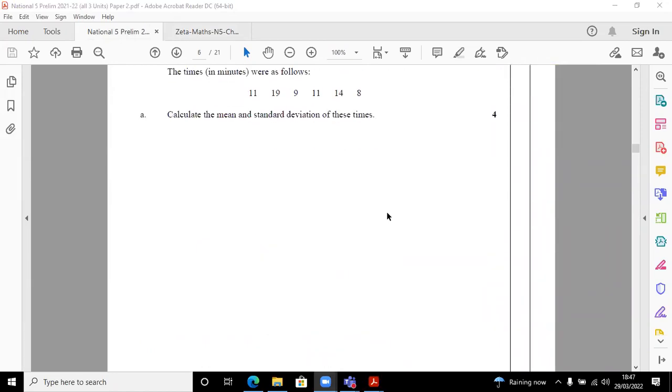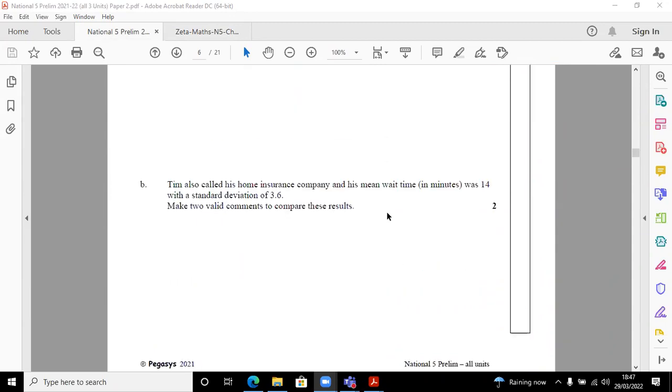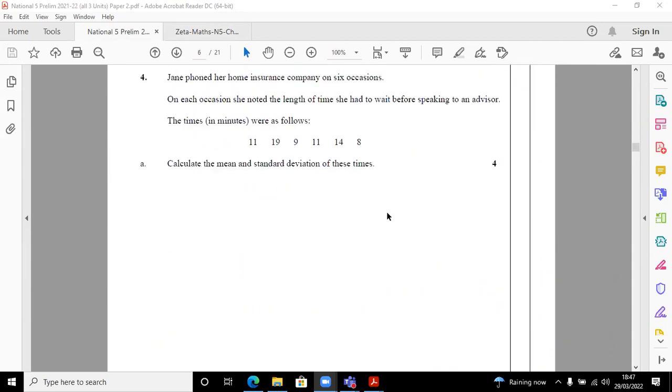For standard deviation, mean and standard deviation. So mean is the average. The mean is all of them added up and divided by the number.